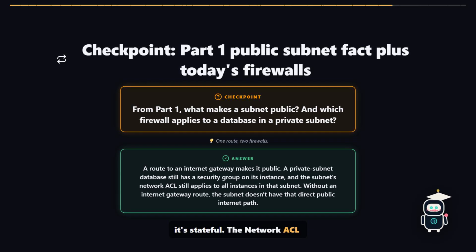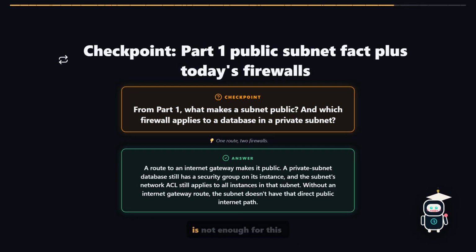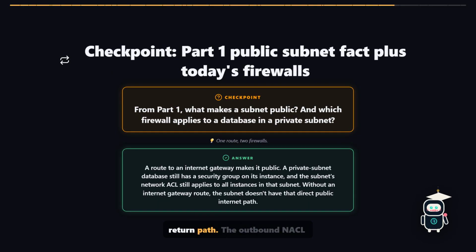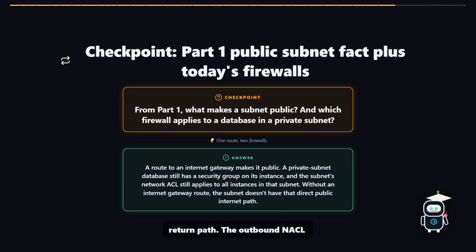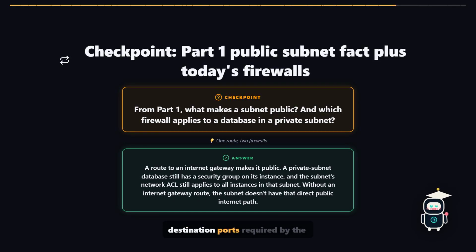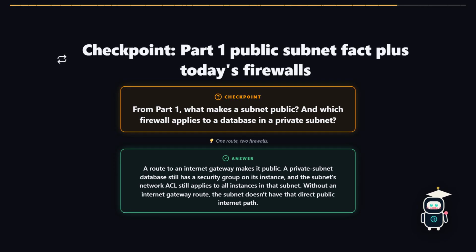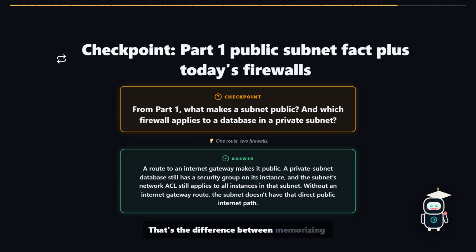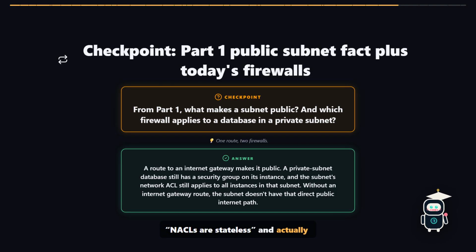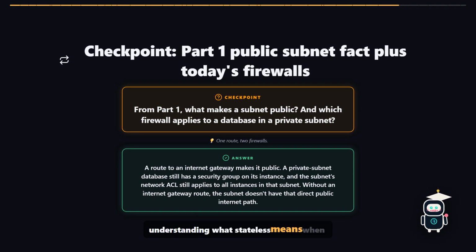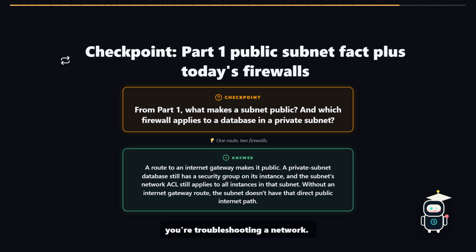The Network ACL does not, so allowing TCP 443 outbound in the NACL is not enough for this return path. The outbound NACL must permit the appropriate ephemeral destination ports required by the clients communicating with the server. That's the difference between memorizing that NACLs are stateless and actually understanding what stateless means when you're troubleshooting a network.